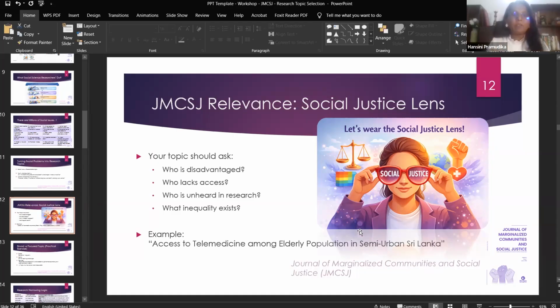There is no hard and fast rule to determine these kind of things. But if there is inequality, you can prove those things with data and analysis. You can't blindly say anything. Example: access to telemedicine among the elderly population in semi-urban Sri Lanka. I explained about this example.